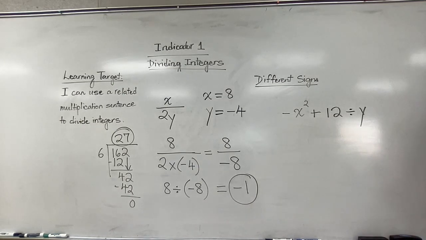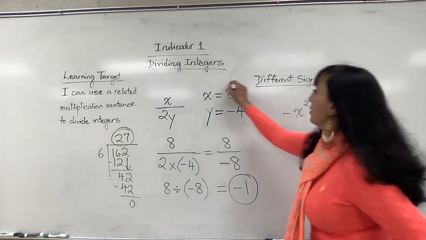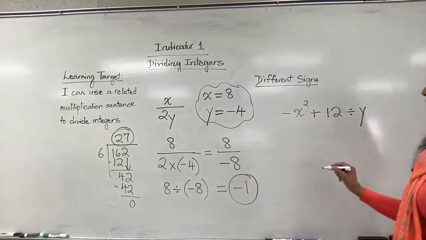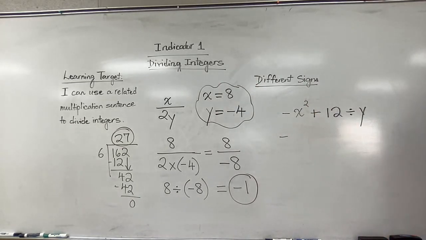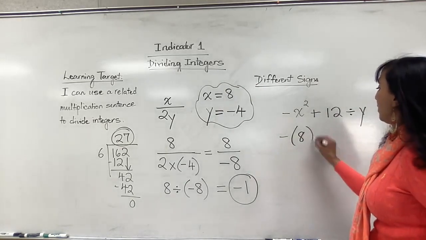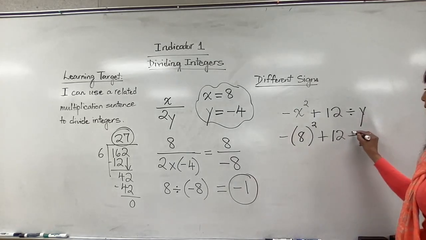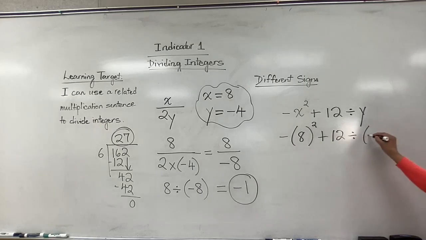In this one we are going to substitute the values that we had earlier. x is 8, so this is negative 8 squared plus 12 divided by y, which is negative 4.